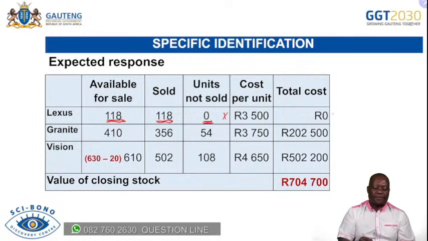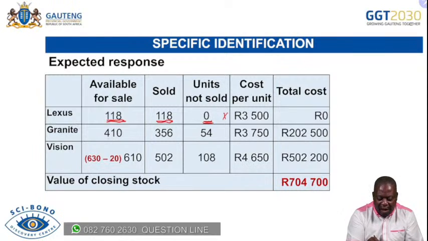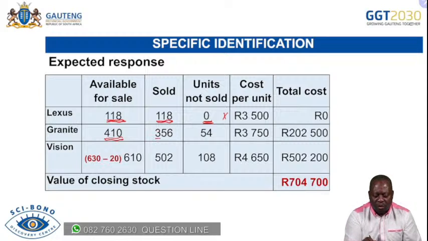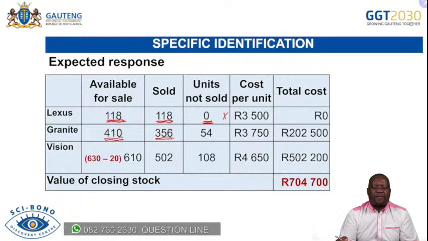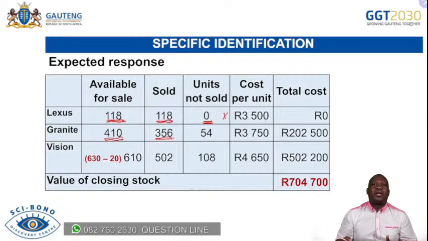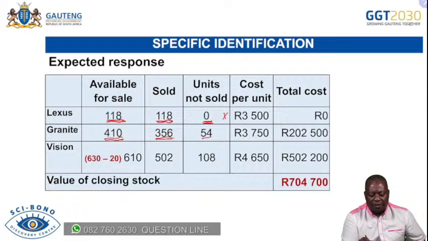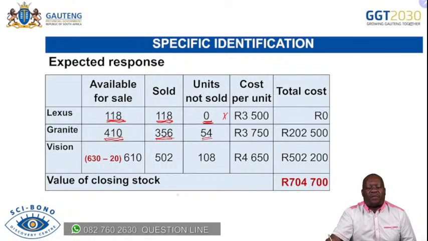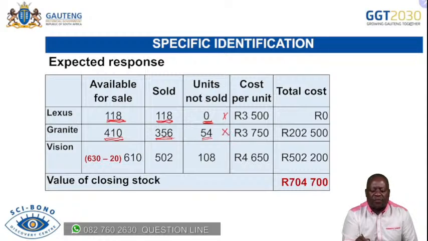Let's go to Granite. How many are available for sale? 410. How many have been sold? 356. So we say 410 minus 356. We are saying how many are still there? Not sold: 54. It therefore means these 54 are still there. So we need to give a value to these 54. How do we go about it? We multiply by the price for one.